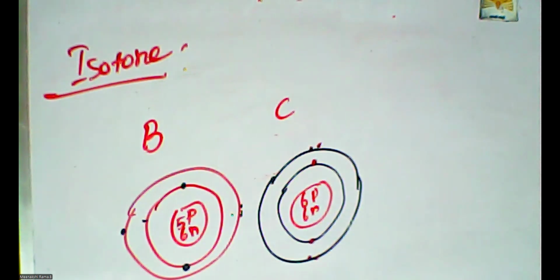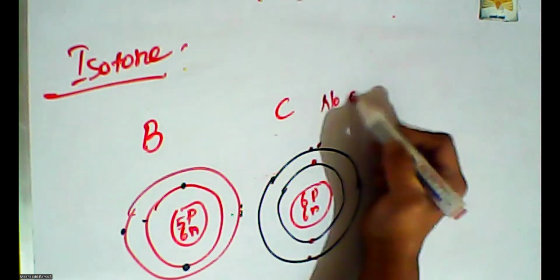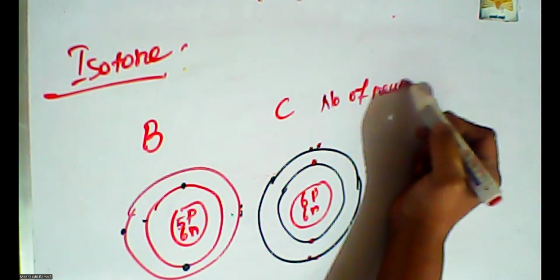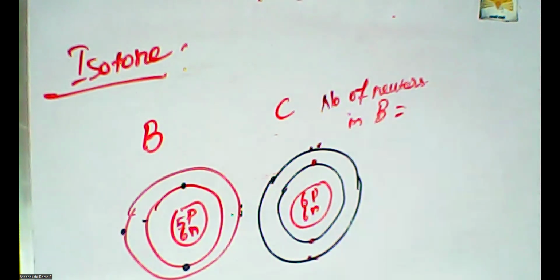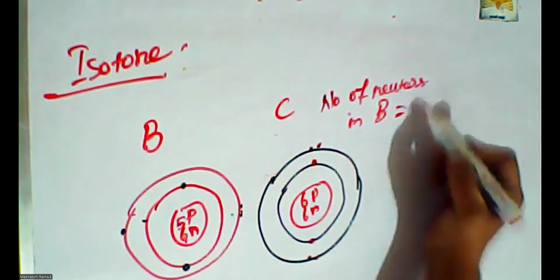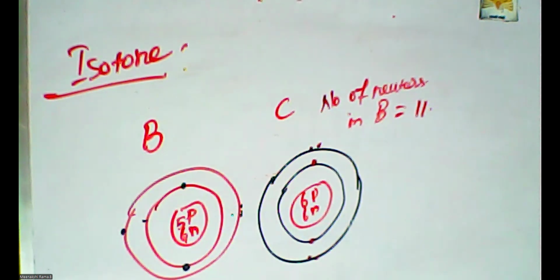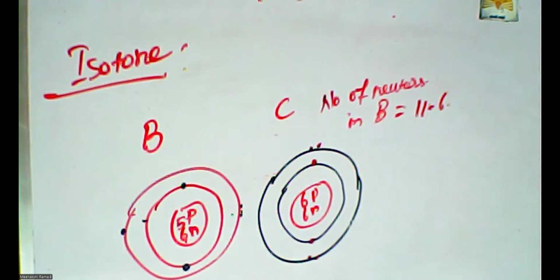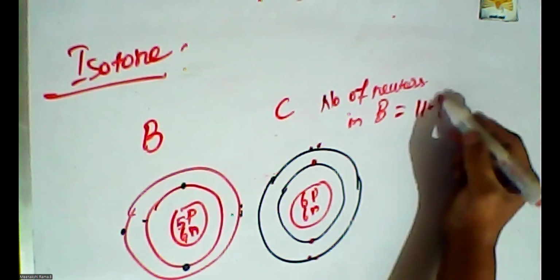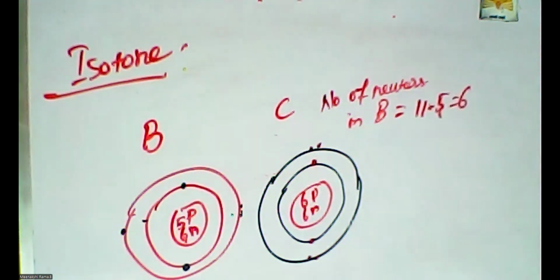So in this pair, the number of neutrons in boron is 11 minus 5, which means 6.